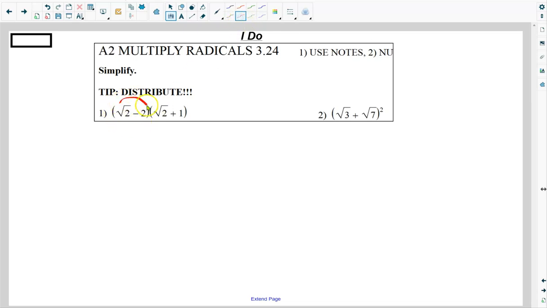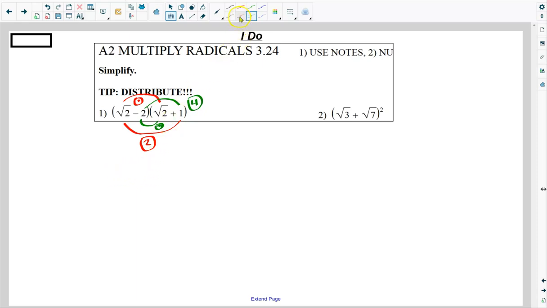So let's see here. First, then outer. That's 1. That's 2. That's 3. And that's 4.